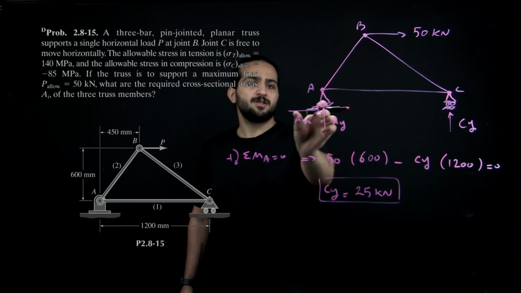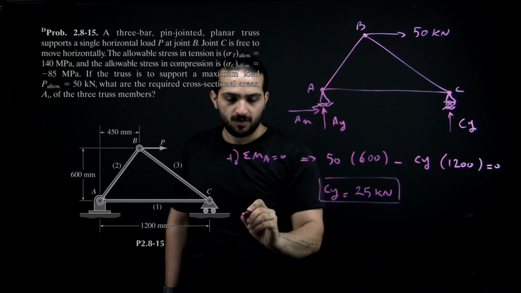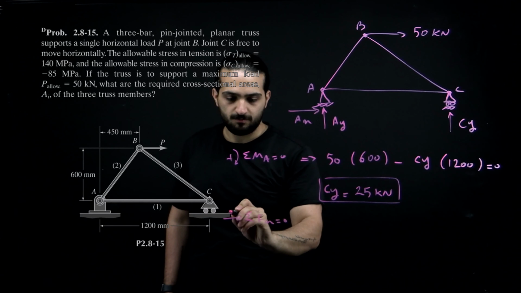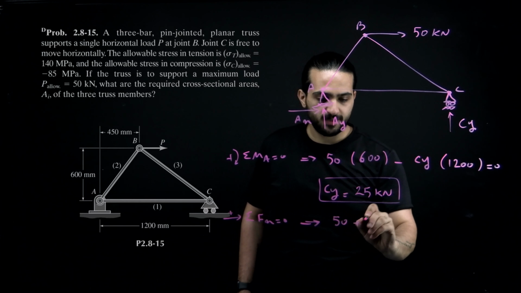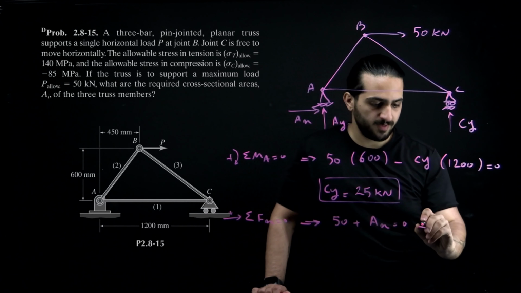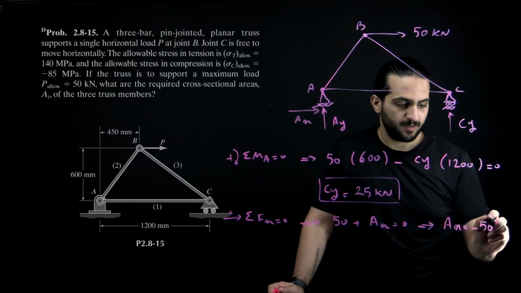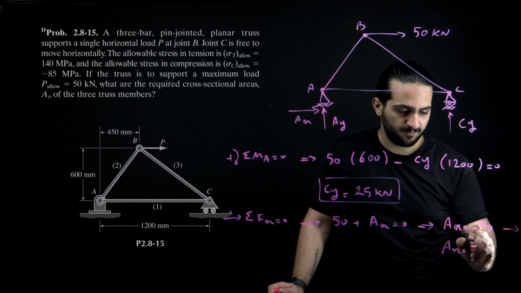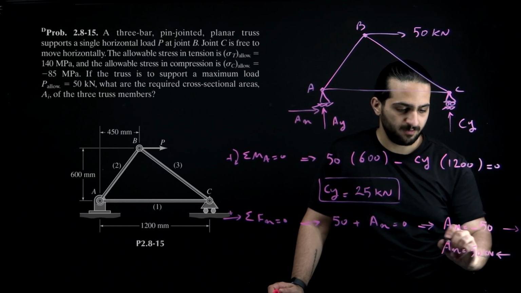In the x direction, we only have AX and that 50 kilonewton load. So sigma Fx is equal to 0: 50 plus AX is equal to 0. This gives AX equal to minus 50 in this direction, or AX is equal to 50 kN in the opposite direction.